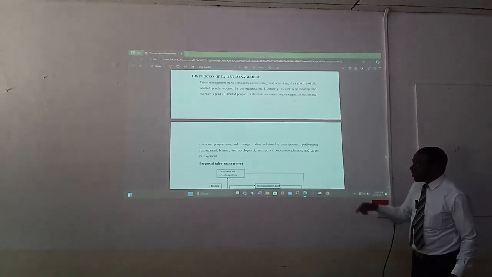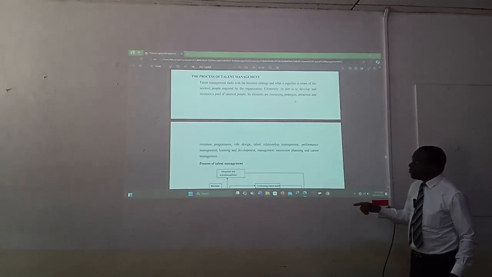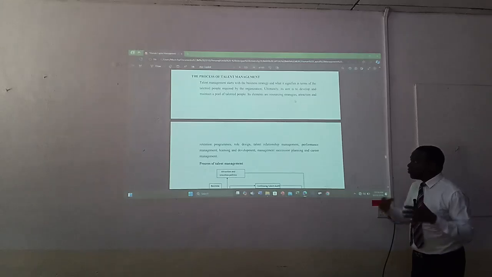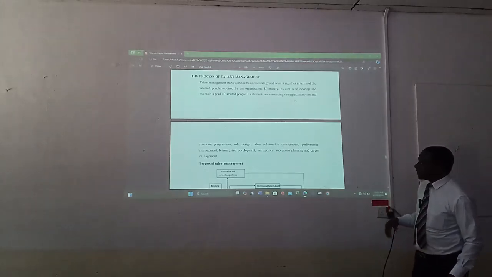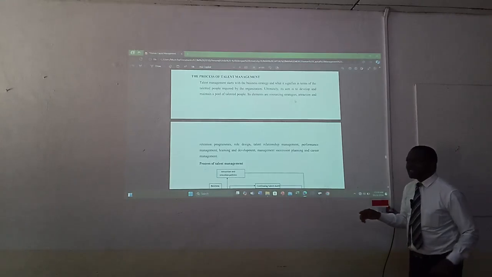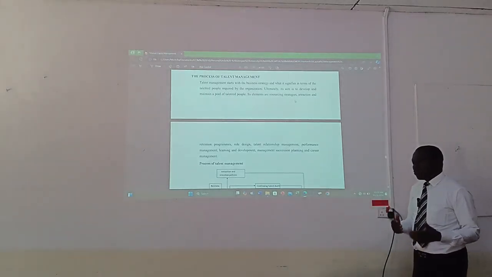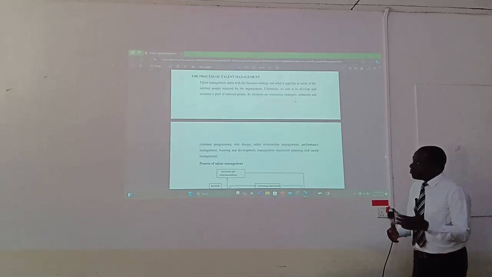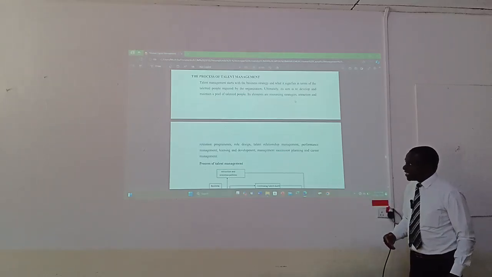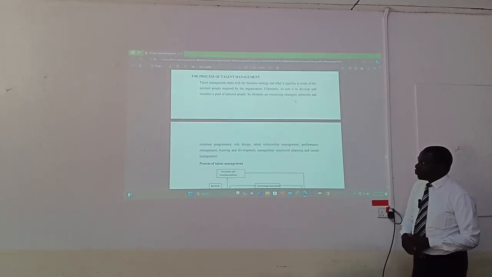So role design, talent relationship management: making sure there's a very good relationship within the management. Performance management: his performance must be well managed. Otherwise, if you're not giving him or her compensation based on his performance, then you will lose him.